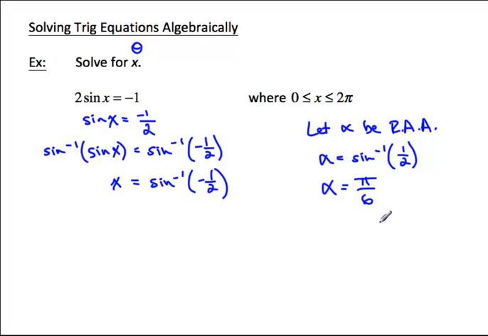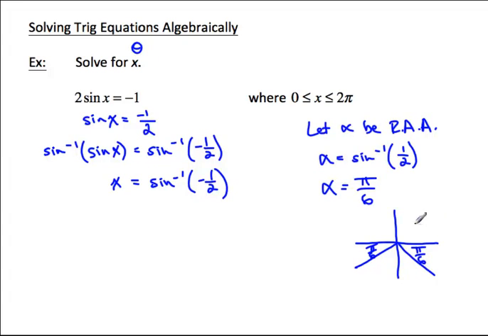Now that we've got that, we need to put our pi/6, our 30 degrees, in the correct quadrant in order that sine of our principal angle is negative. Now, by the cast rule, or thinking of sine as y/r, we recognize that that means we're in one of the bottom two quadrants. So we place pi/6 here and pi/6 here to be our related acute angles.